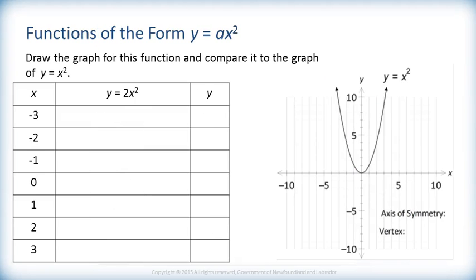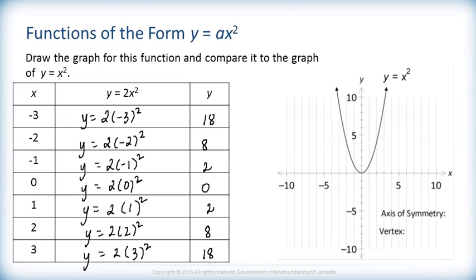Now we'll compare the graph we just did to the graph of y equals 2x squared and see the effect of that value of 2 in front. Completing the table, that a value, the value of 2 in this case, has the effect of doubling all the y values from the base graph. Now let's sketch this new graph.